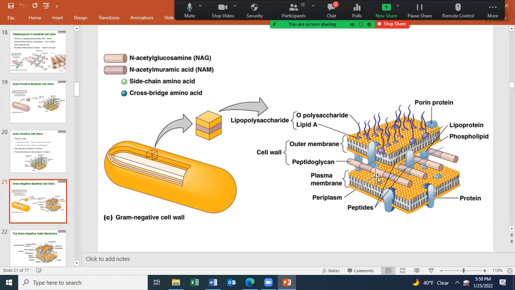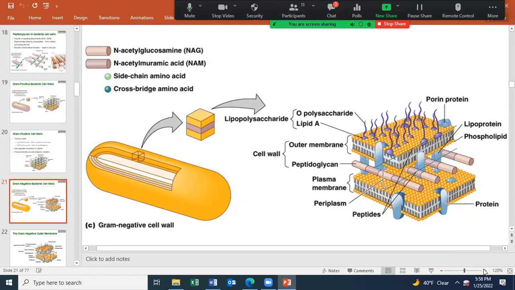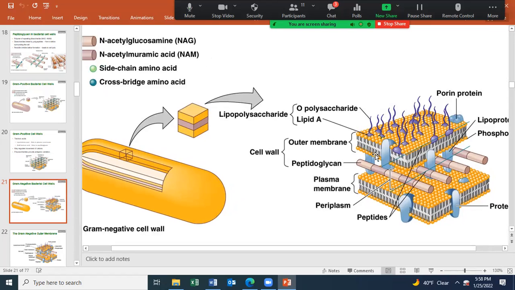And then this is part of the cell wall, the peptidoglycan, and this is part of the cell wall also. And as you notice, this part of the cell wall is a lipid bilayer.